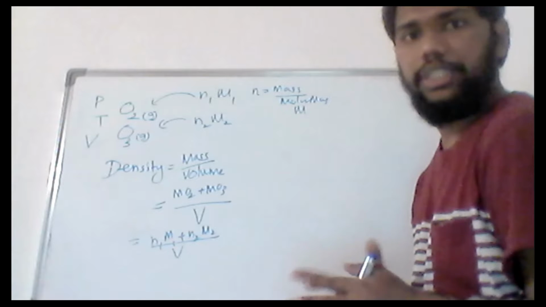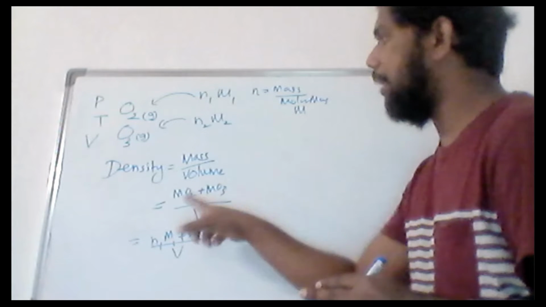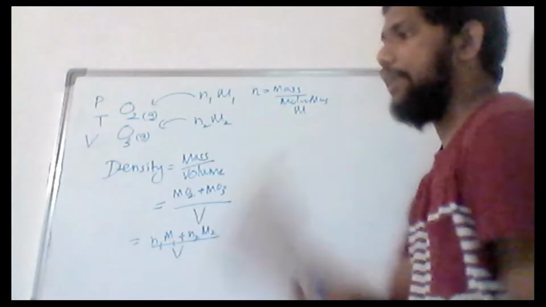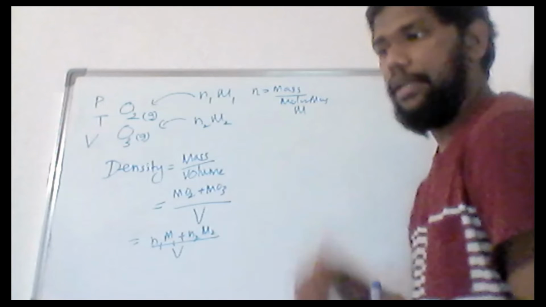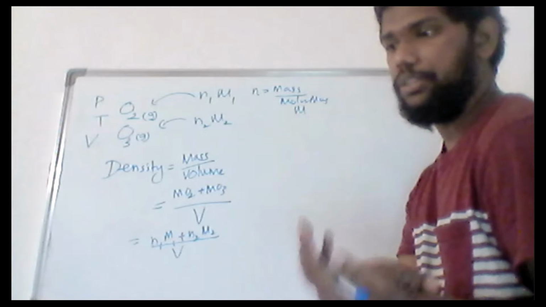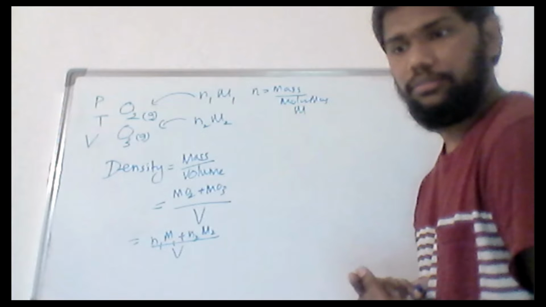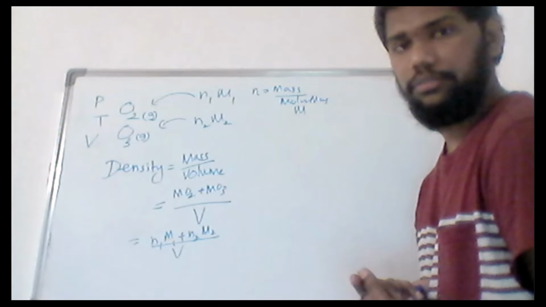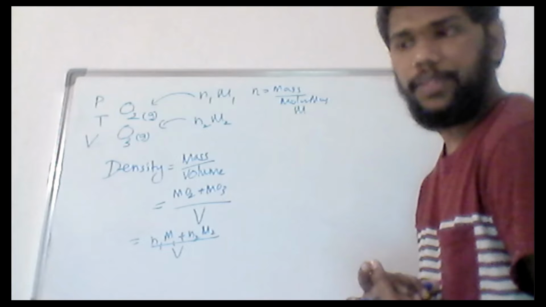That can be a question that comes to your mind. Like taking the mass of oxygen separately and dividing it by the volume, taking the mass of O3 separately and dividing it by the volume, then you have the density for oxygen and density for O3. Can you do that? What do you think about that?